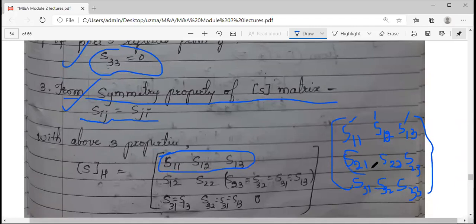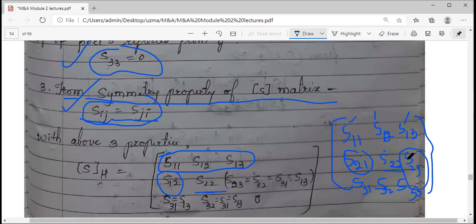Now coming to S21, what is S21? From the symmetric property, S21 is equal to S12. I have used the symmetric property. Then S22, I cannot do anything with S22, so I have kept it as it is. Now coming to S23, can you use the symmetric property?